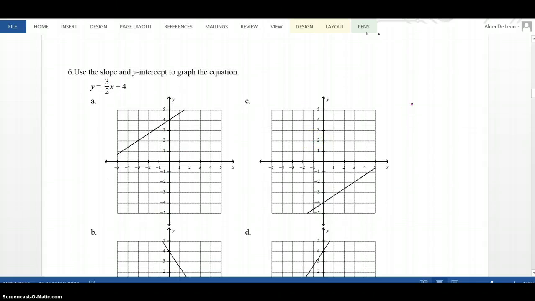Number 6, use the slope and y-intercept to graph the equation y equals 3 halves x plus 4. Again, the number in front of x is the slope, and the number at the end is the y-intercept.